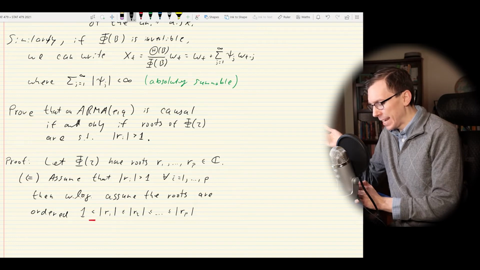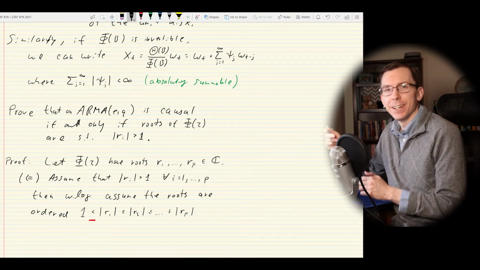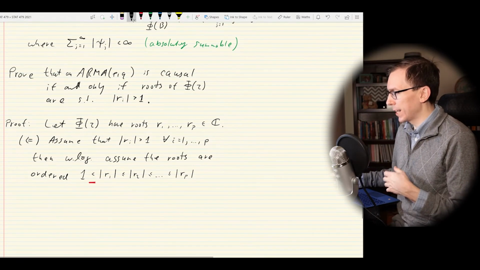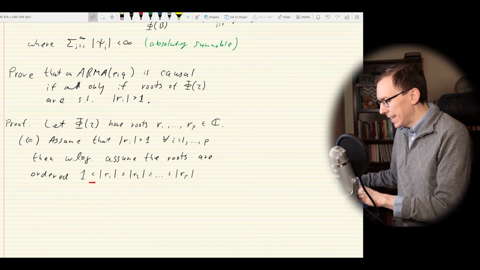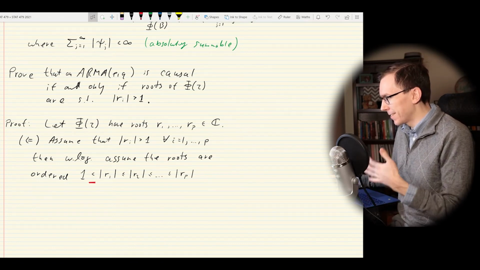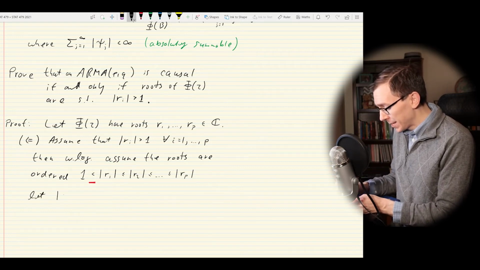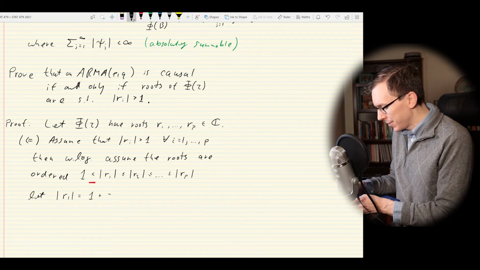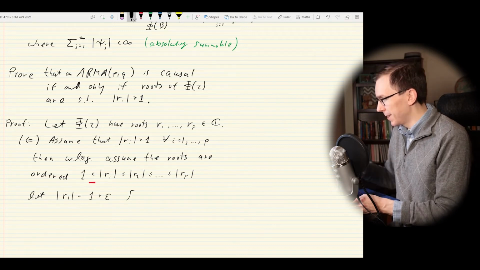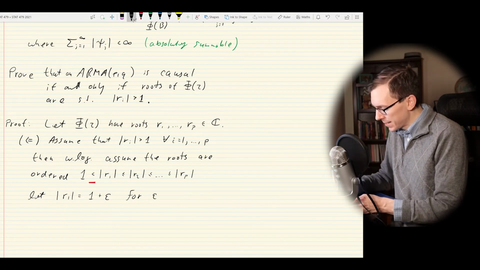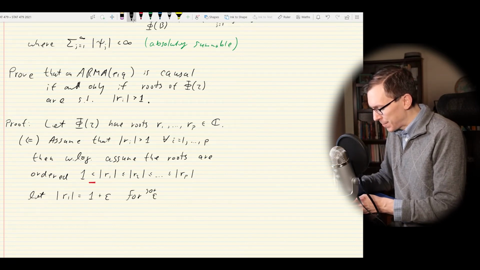They could all be the same or they could all be different. Doesn't really matter. We just have to assume there's some ordering, and without loss of generality, they're indexed in their natural increasing order. So given this, we say let the magnitude of R1 be 1 plus epsilon, for some epsilon greater than 0.